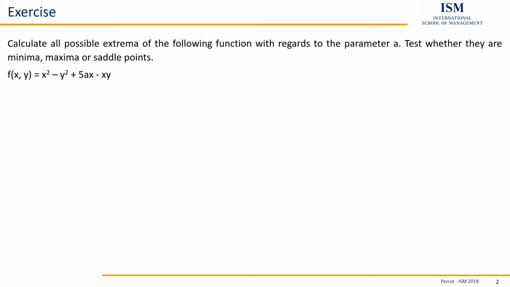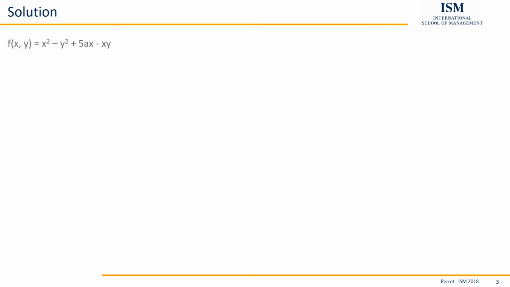Okay, if we're going to do this, first off, we copy the function and then we need the first and second derivatives. For the first derivatives, we just divide this here by parts containing x, parts containing y, and first get a partial derivative for x and later for y.